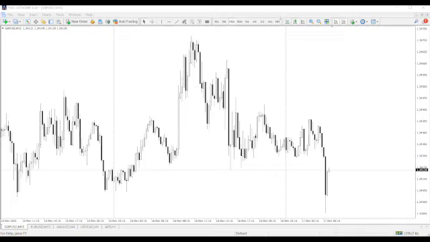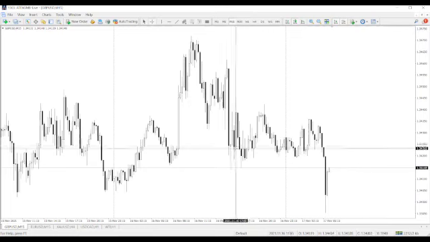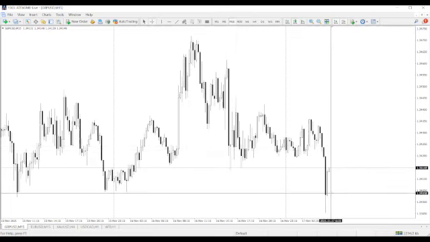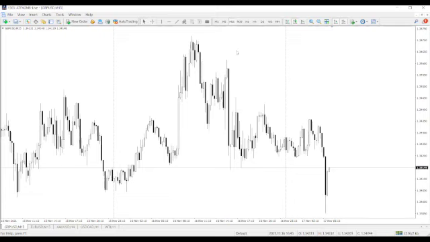The value of the British pound against the dollar was traded back and forth from around 1.3470 all the way to around 1.3422. And as of this moment, the price of the British pound against the dollar is around 1.3414.